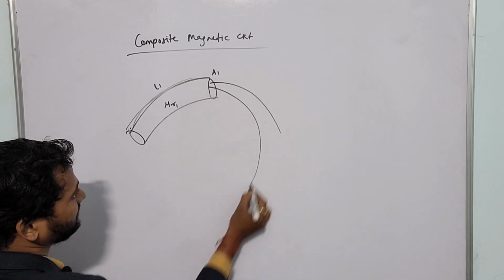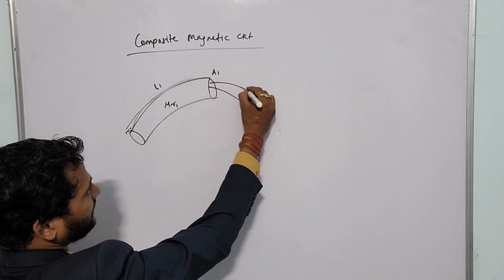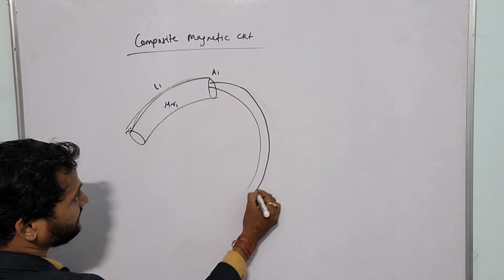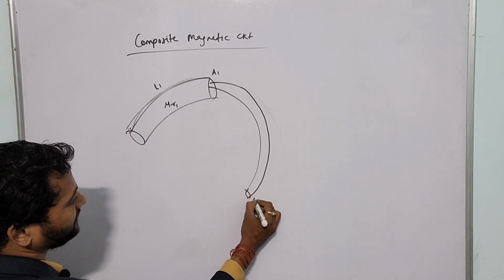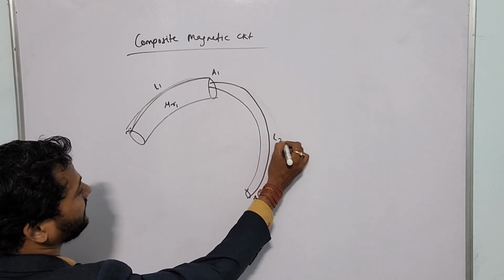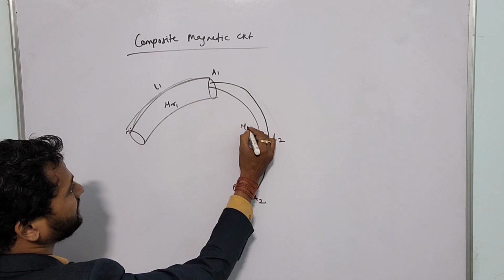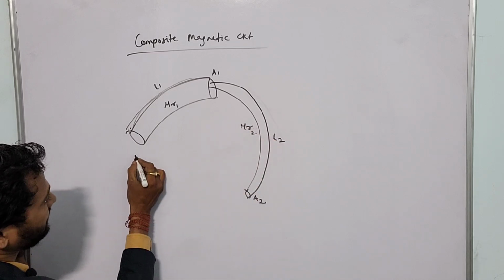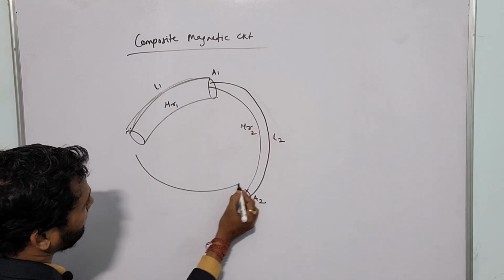And we connect another, along this we connect another magnetic material of cross section area A2 and length L2 and permeability mu R2.